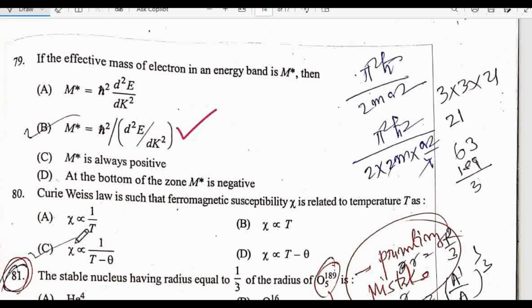When you move up, your effective acceleration increases, and when you move down, it decreases. From Newton's second law, force equals mass into that effective, or net, acceleration. So the effective mass has nothing to do with the actual mass.